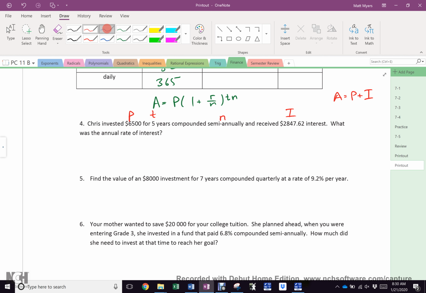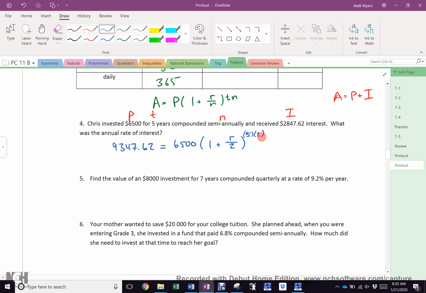Then we would just fill this in. 6,500 plus 2847.62 is 9,347.62. Equals 6,500, 1 plus R over 2 to the what? 5 times 2, right? 5 years, twice a year.